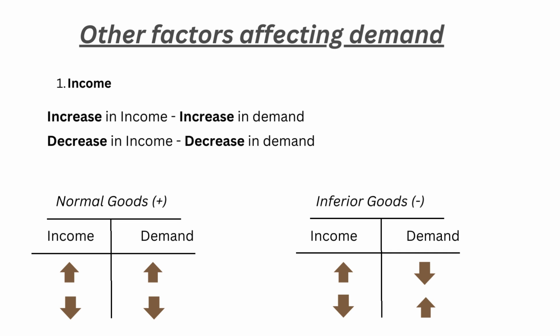This is just a general way. And a decrease in income will decrease the demand. As you can see, the two categories are normal goods and inferior goods. For normal goods, when the income is increased, the demand will also increase, and if the income is decreased, the demand will also decrease.